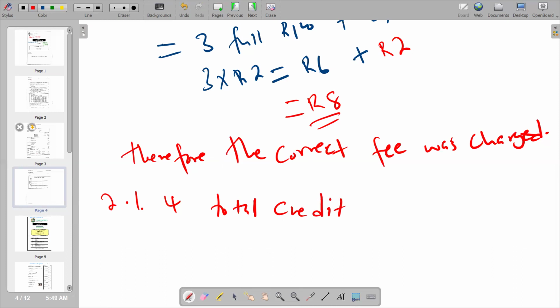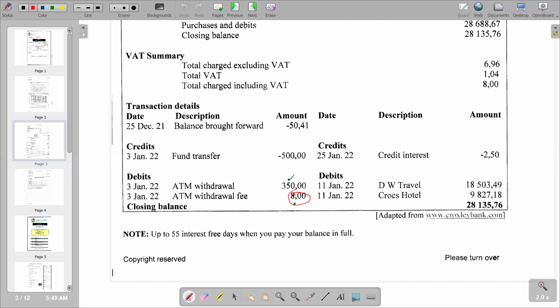So we go to the statement and try to see in terms of total credit. Remember, for the total credit, we have negative 500, and we also have negative 50.41, and we also have negative 2.50. So these three, we can just combine them and see what we get.